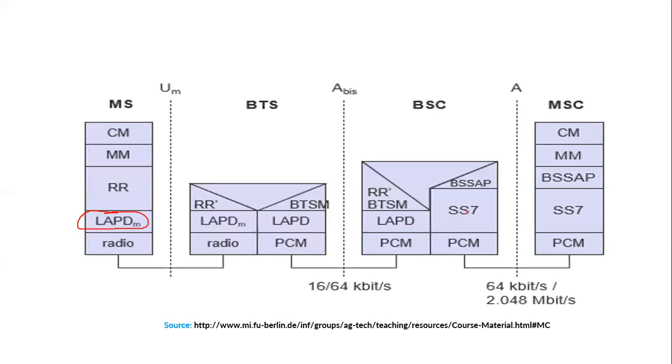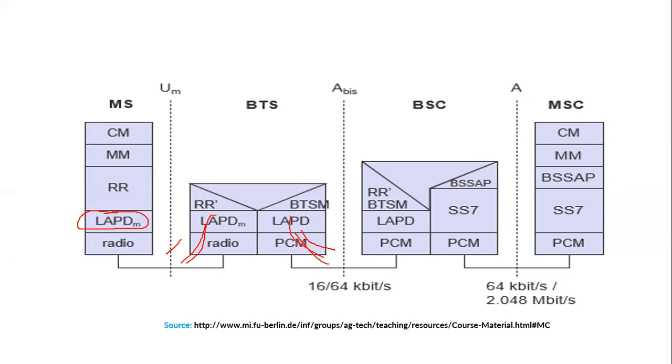This is for the receiving end, and this is for the transmitting end. From the mobile station it receives from here, and it will communicate to the BSC like this. If there is any communication from the BSC, then it will receive this way, and it will send to the mobile station this way.